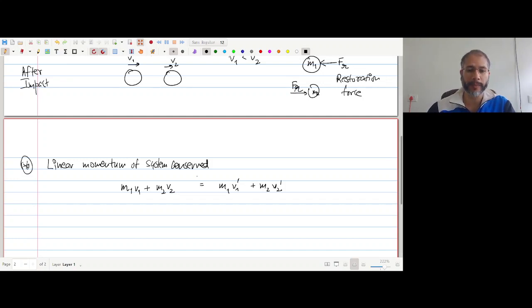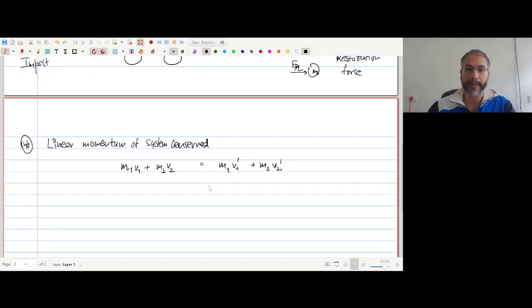Now what about energy? The energy, the mechanical energy, may not necessarily be conserved. And the reason is because that depends on the nature of the internal forces that act on the bodies during collision.